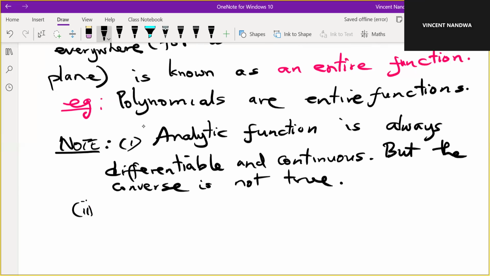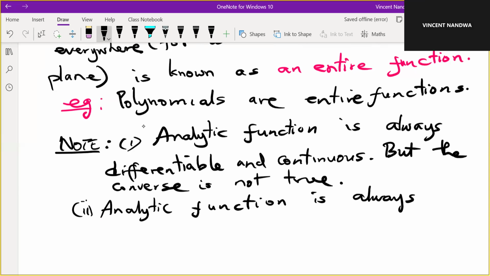And then a differentiable function is always continuous, and also the converse is not true.